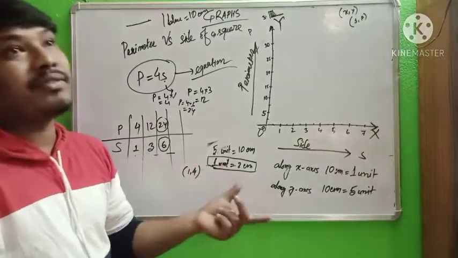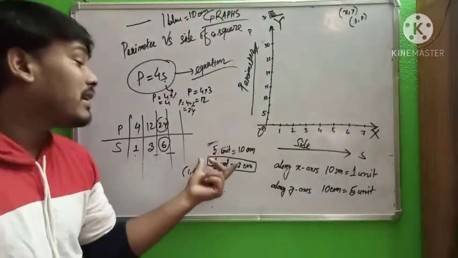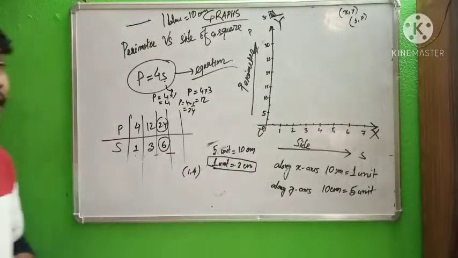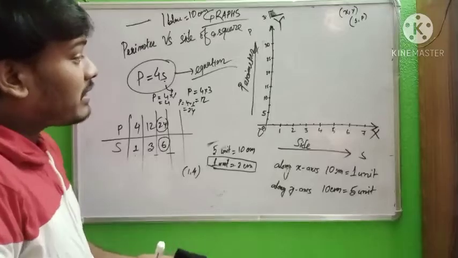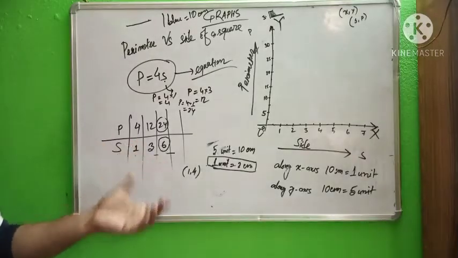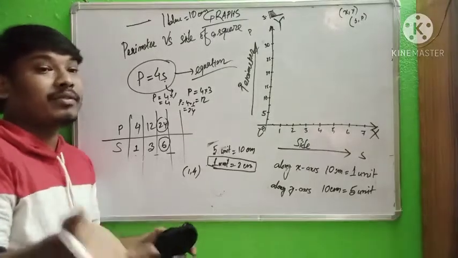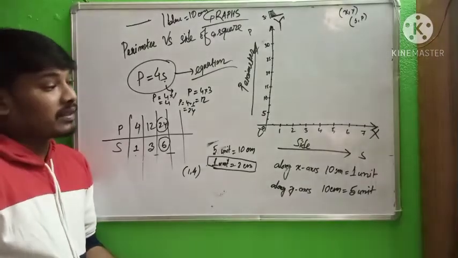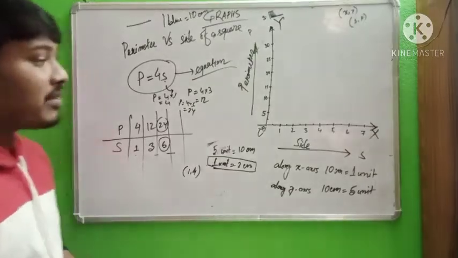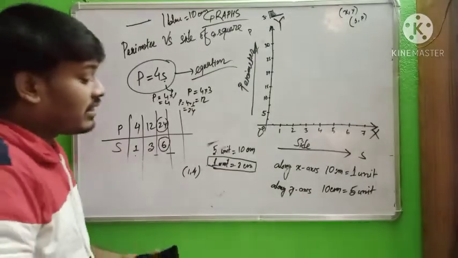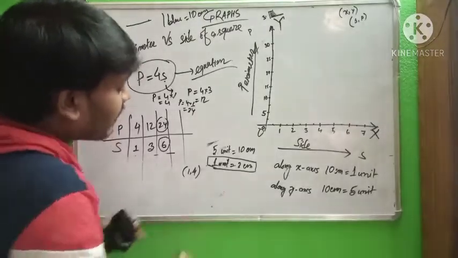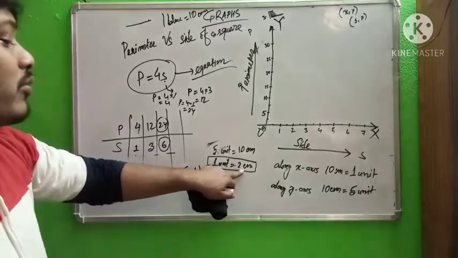So it is better if you make some centimeter graph pages. When you buy graph pages, first confirm whether it is centimeter graph or inch graph. Centimeter graph is available in any shop. Okay, so 1 unit equal to 2 centimeter.